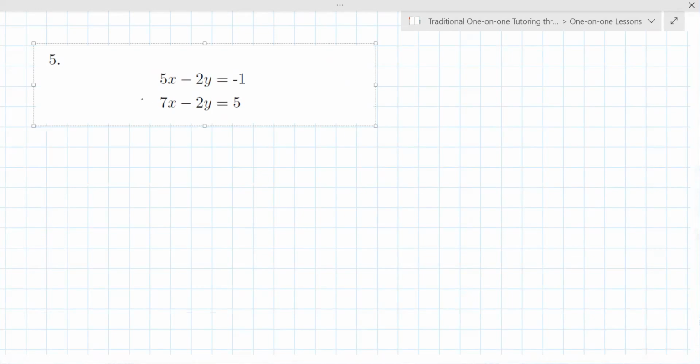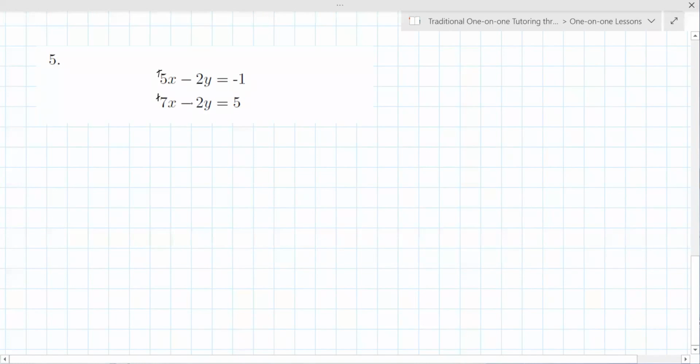Notice this time you can't just add them, because when you add them, they're both the same sign, positive, positive, negative, negative. So you can either subtract, which I know isn't all that comfortable to do, or you can multiply one or the other by -1 and then add.